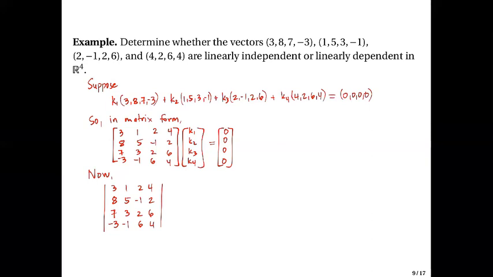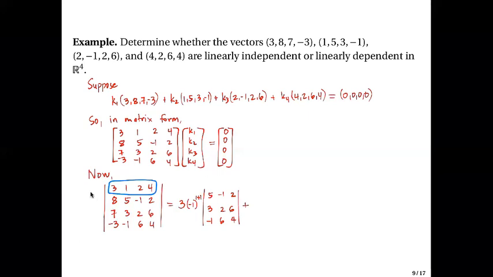So maybe we can use cofactor expansion along this row. With that, we will have 3 times negative 1 raised to 1 plus 1. So I'm writing here the details. Then you get this submatrix: 5, negative 1, 2; 3, 2, 6; negative 1, 6, 4.